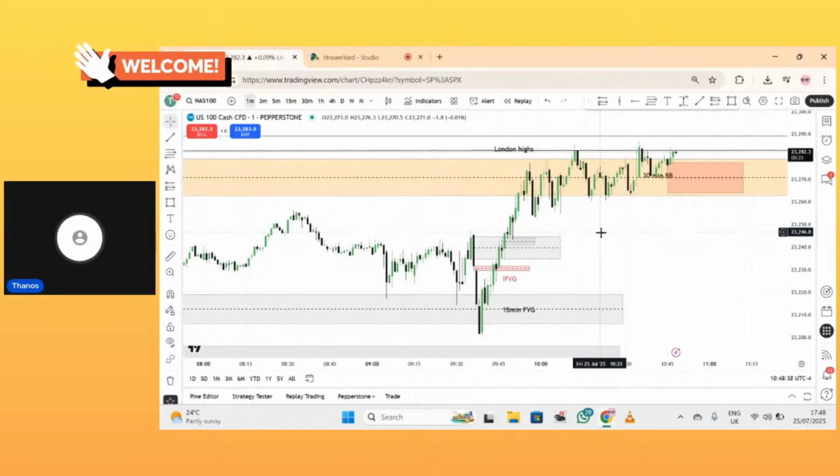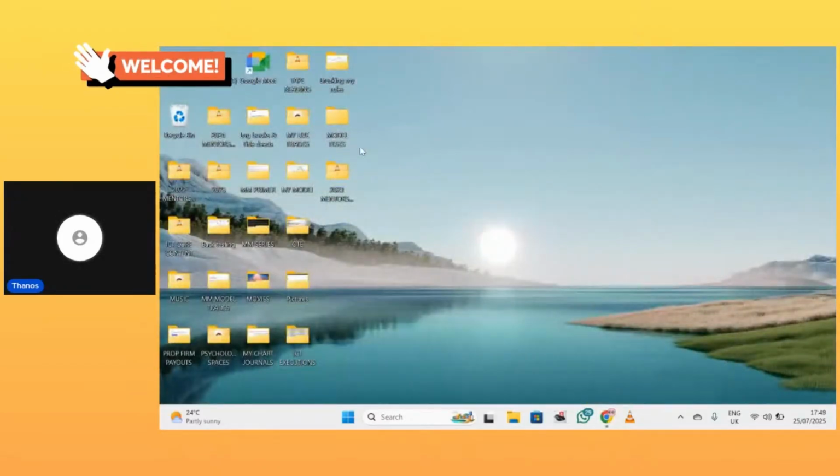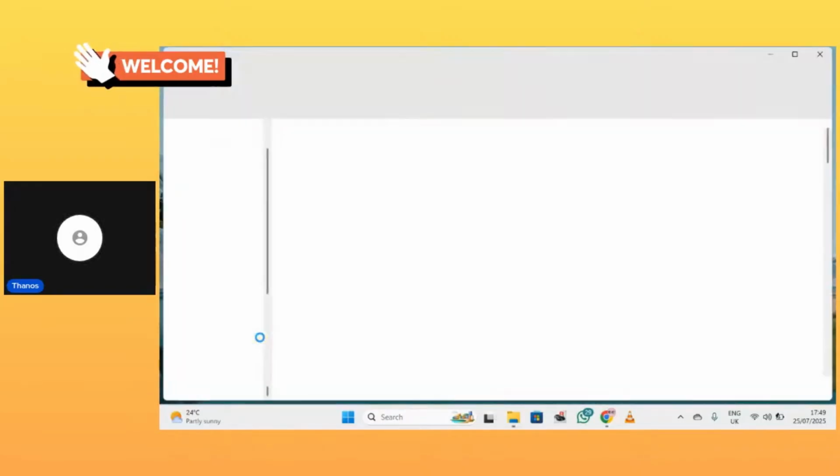There's someone saying you only trade after 9:30 open. Mostly, yes. I only trade mostly after 9:30 open, but there are times I take trades before 9:30. I don't know if I'll check that from my journal. Let me see.